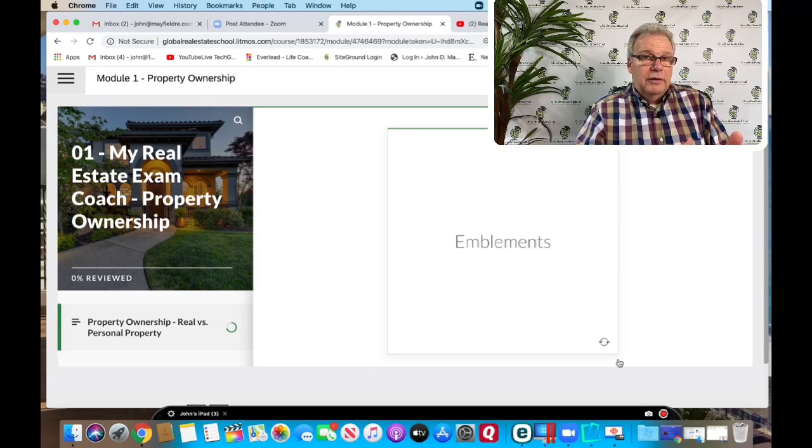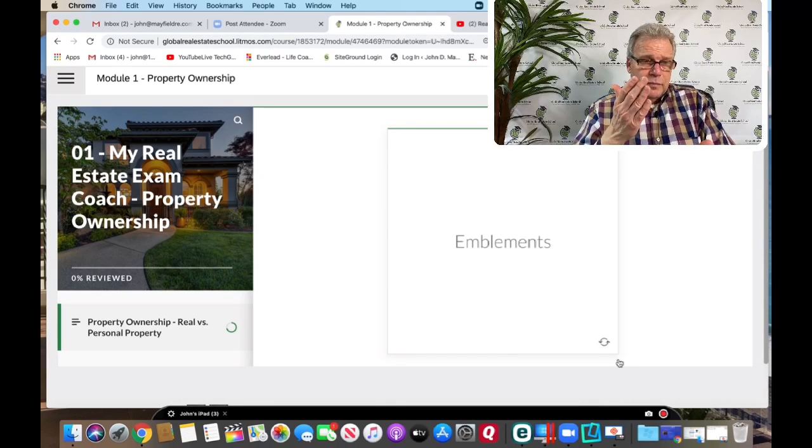Farmer Grant sells the property to Bob and Sue. Bob and Sue tell John, who leased the property and planted the soybeans, that he has to leave. Who owns the soybeans? Well, it would be John. Why? Because annual cultivated crops are considered personal property. So even though Farmer Grant sells the property, John, the person who planted the crops, gets to come back and take those crops or cultivate those crops.